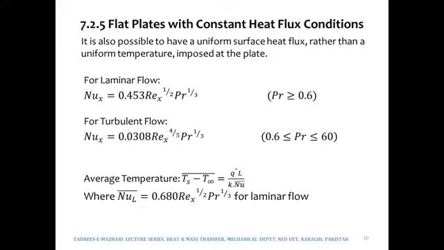It will vary from location to location. However, the heat rate would remain constant, because the heat per unit area would remain constant, because the heat flux will remain constant. So it may be isothermal condition, or it may be constant heat flux condition.